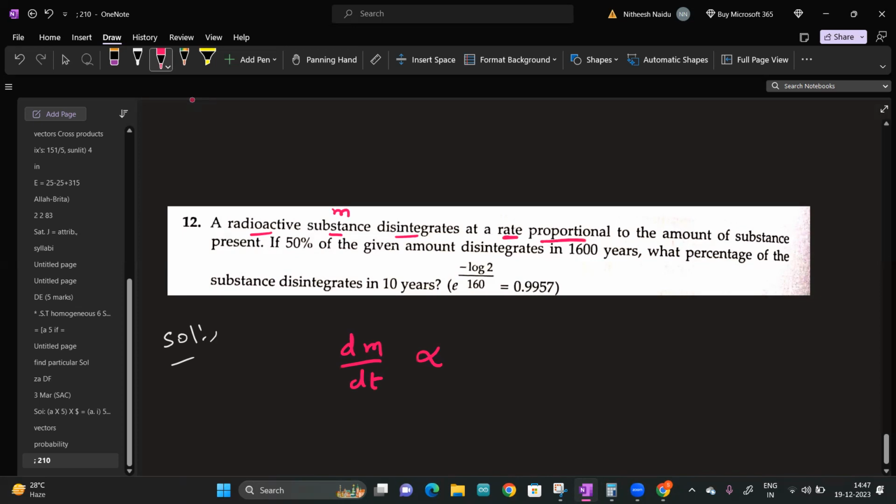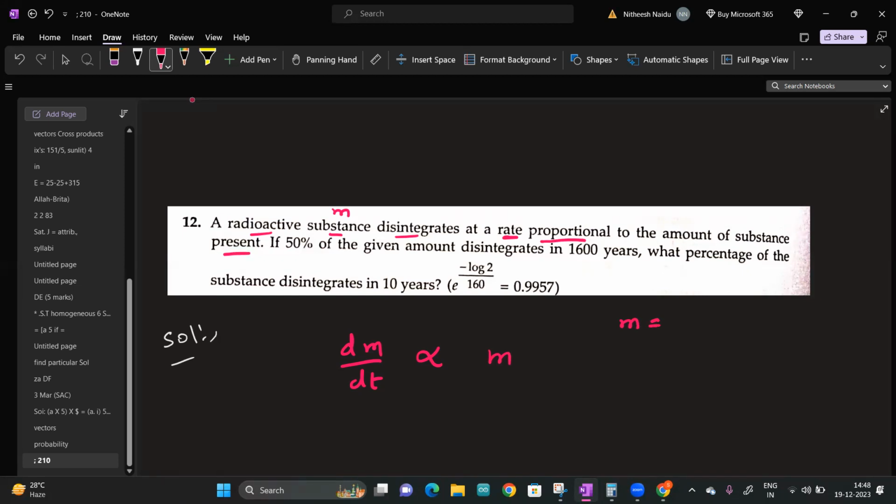According to this, you have to create an equation. Carefully observe this question. Radioactive substance means M, and rate means dm by dt. Proportional means proportionality to the amount of substance present. What is the amount of substance present at time t? M. Okay, write down the steps.